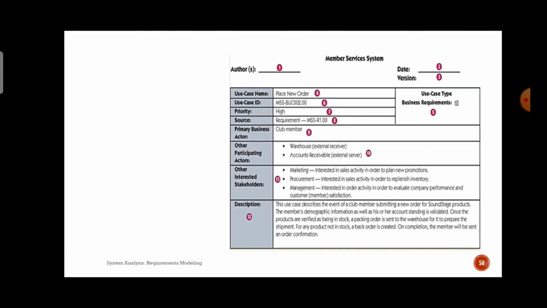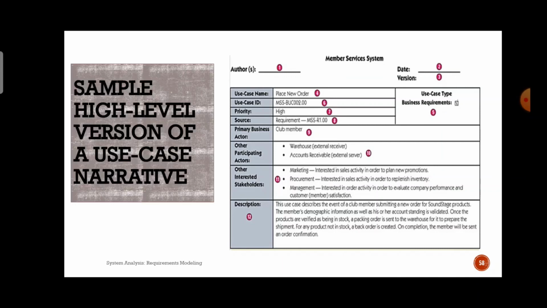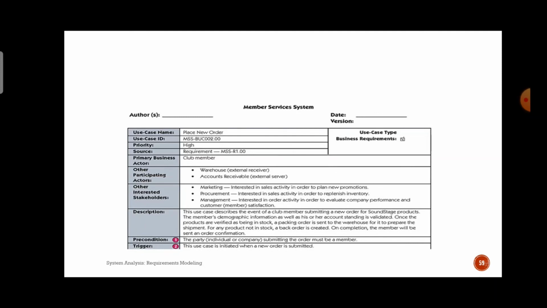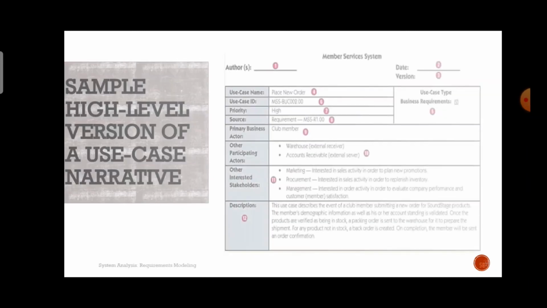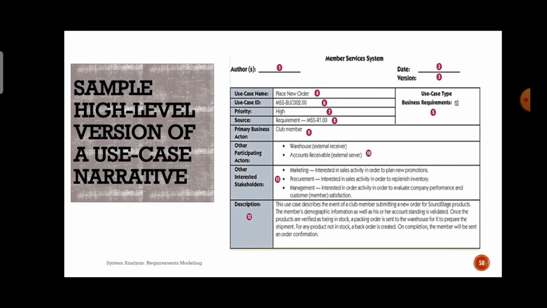So this is a sample of the high-level version of the use case narrative. The author, number 1, is the person who wrote the use case and provides a point of contact for anyone requiring additional information.